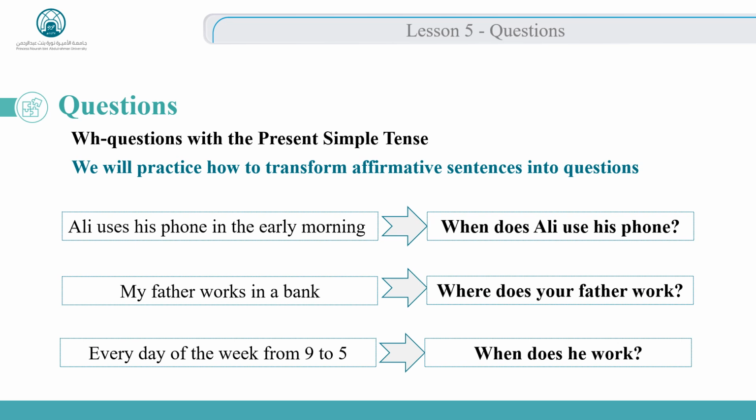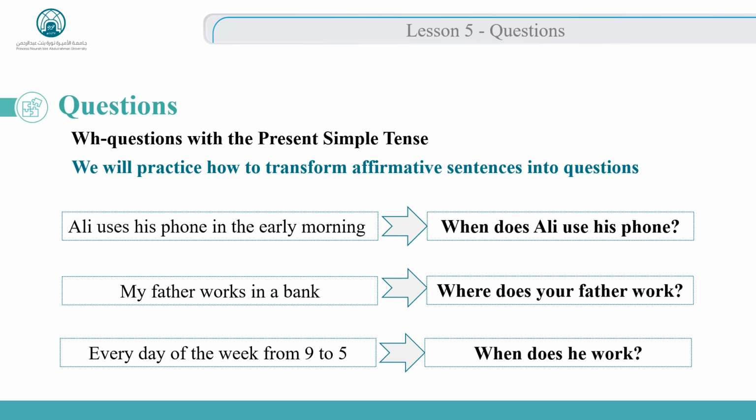The third example. Every day of the week from 9 to 5. Here we have to understand or guess that we will be asking about a duration of time, about a time. So the question will be, when does he work?